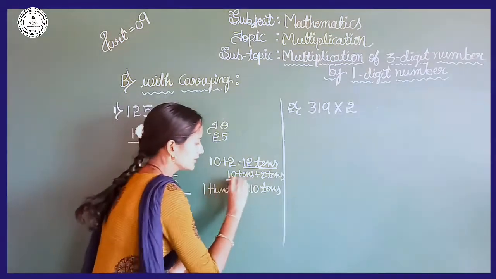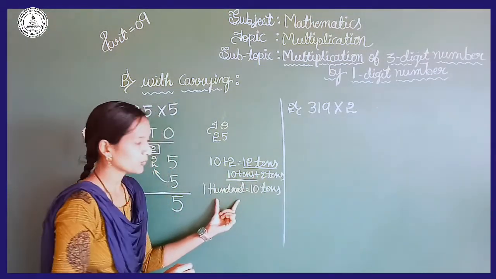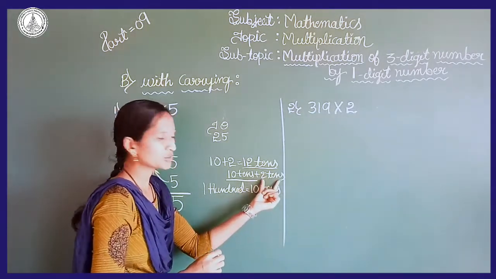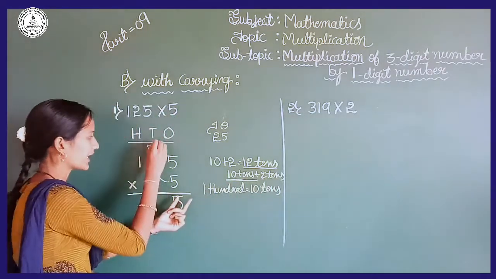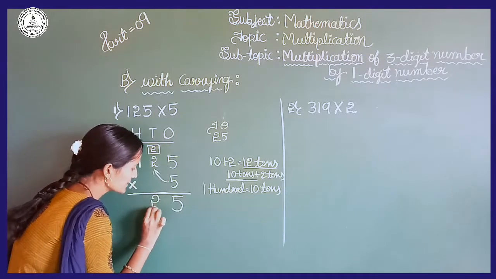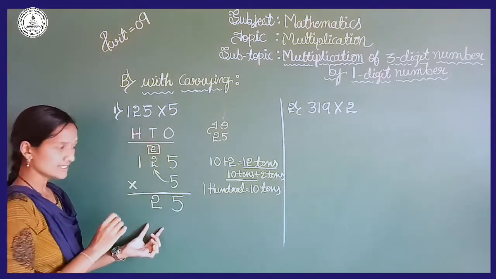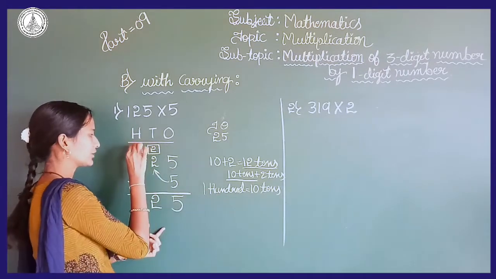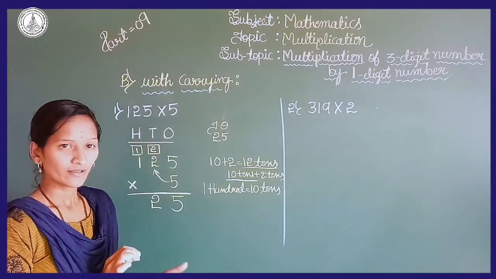So this 10 tens is nothing but 100, right? So 100 plus 2 tens. So I am writing 2 tens in the tens column and I carry over this 100 to the hundreds column, right?